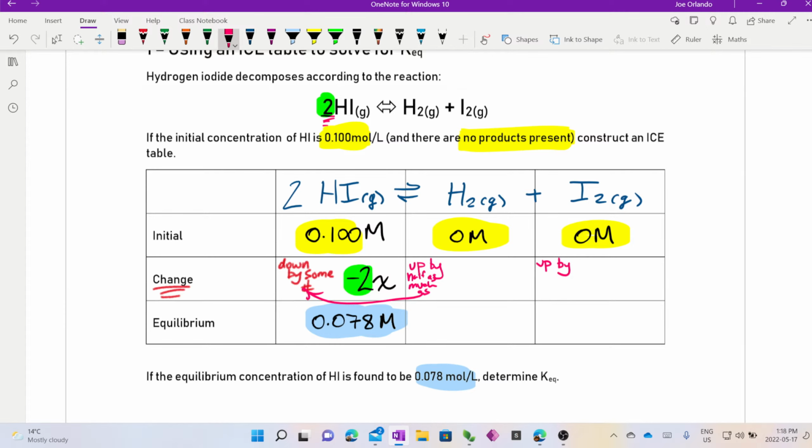I'm just going to say if that went down by 2x, this went up by x. And if you want to write 1x, if that helps clarify, nothing wrong with that. And what about I2? It's going to go up by x. So just be aware that from initial conditions, these are going to change.